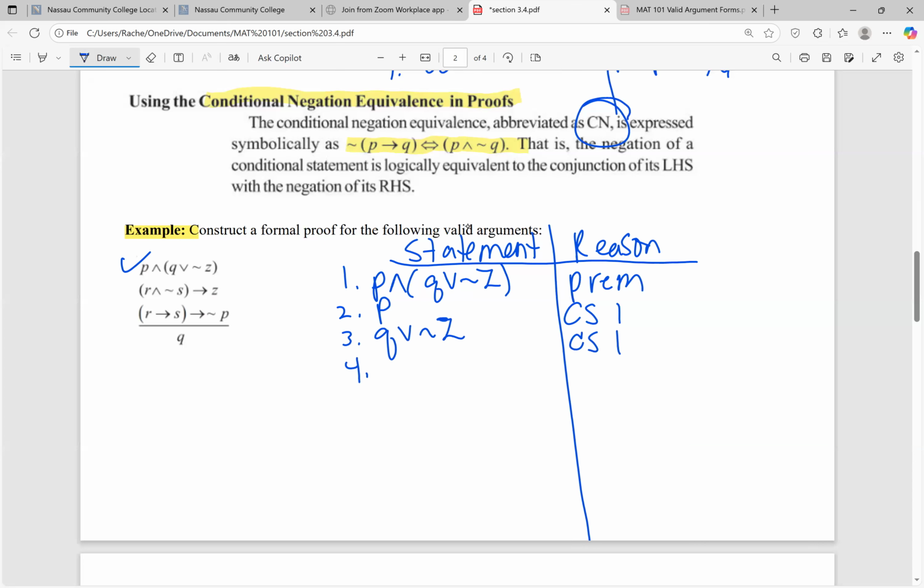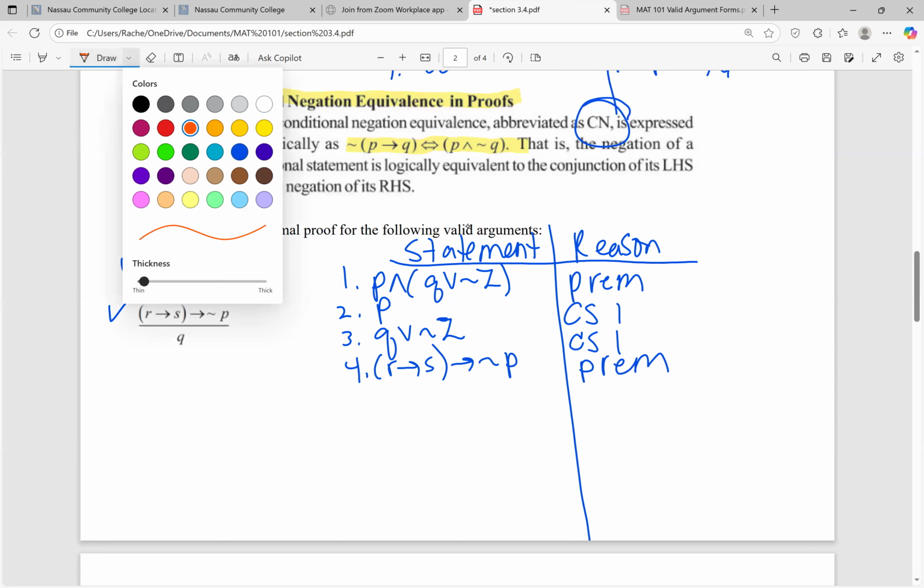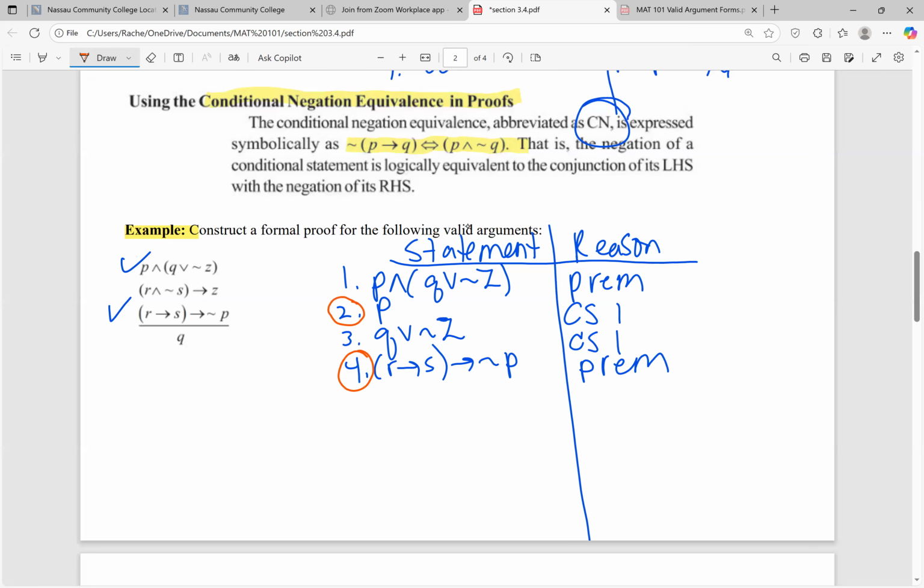So now I'm thinking, like I said before, modus tollens, right? So I need to state the third premise. So R implies S implies not P, right? So we have that premise. And then I'm looking now at 2 and 4.